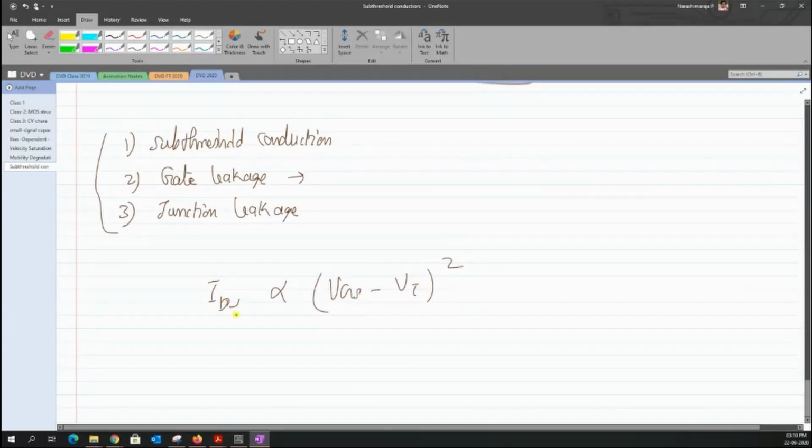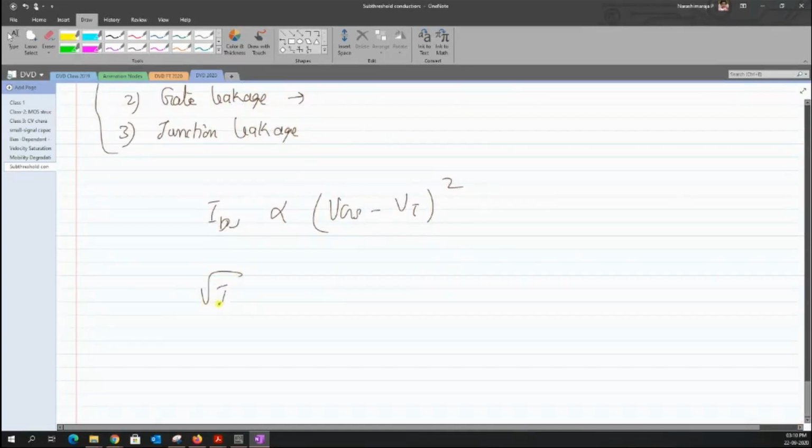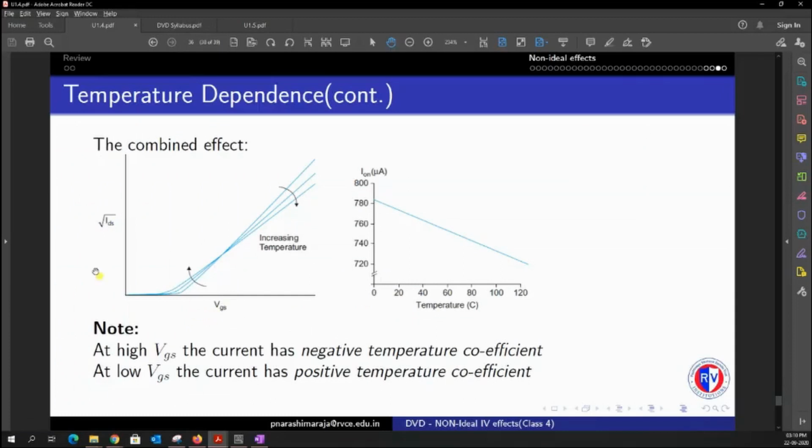In order to show the linear relation, we have taken a square root on both sides, which is why VGS is plotted against the square root of IDS.